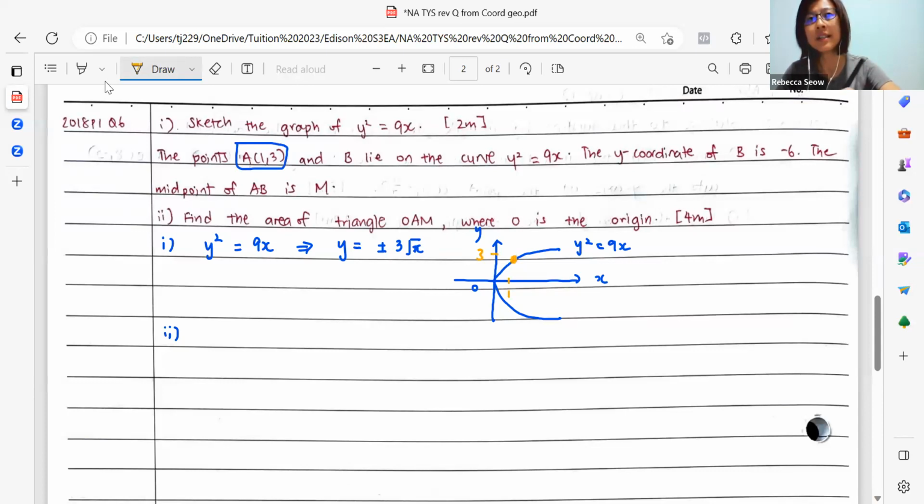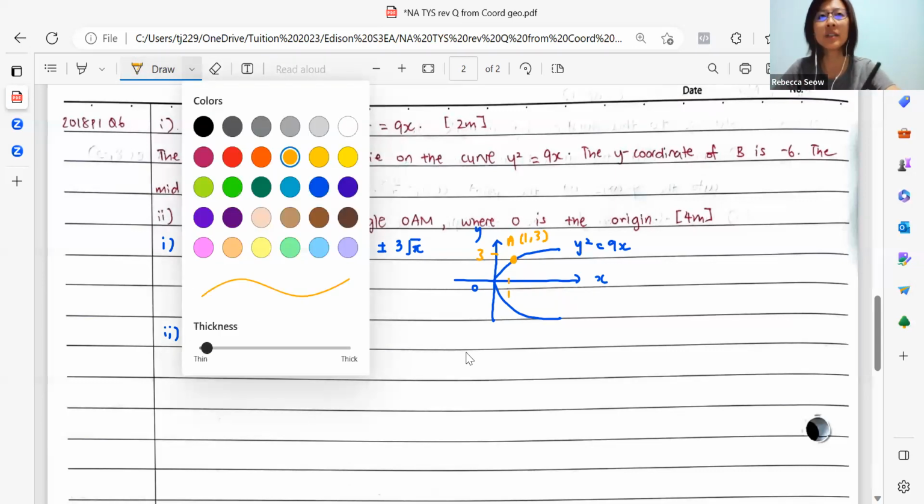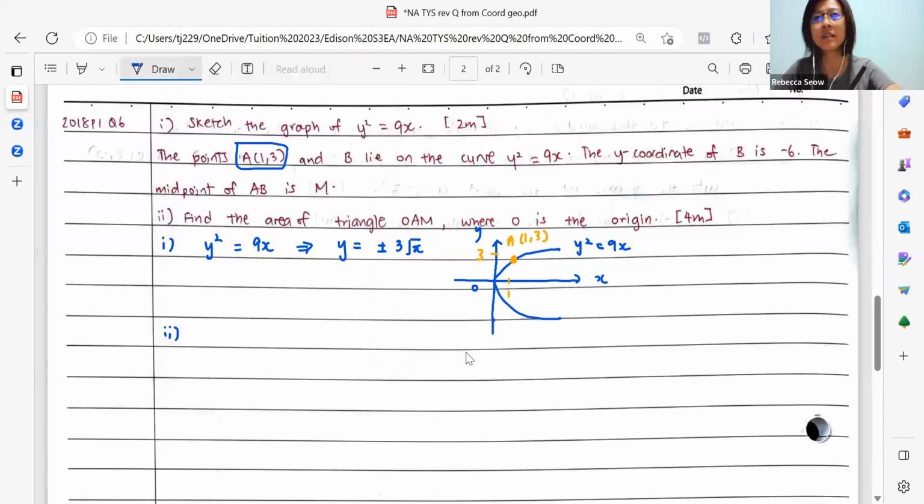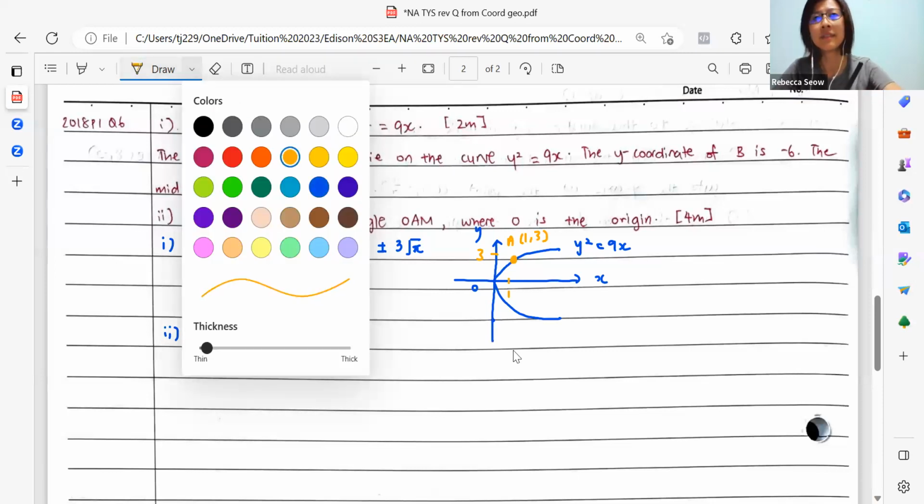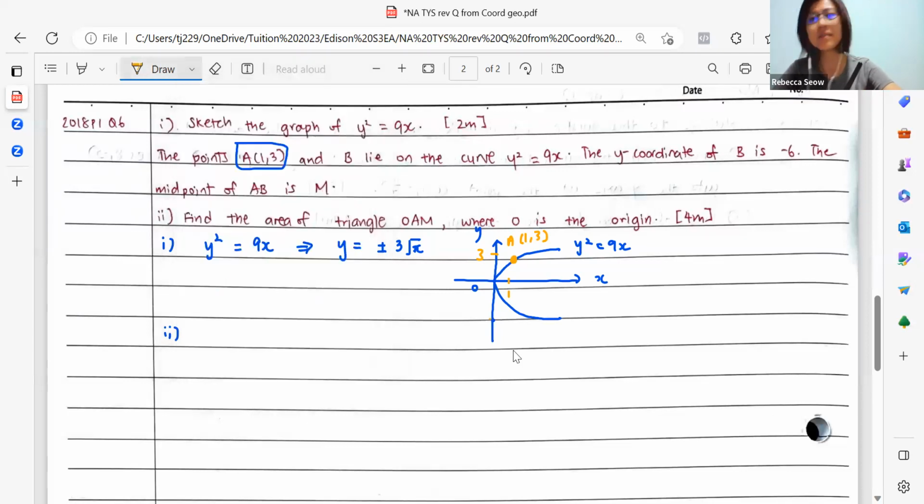Okay, so let's say this is A, (1, 3). And for B, they tell you that the y coordinate is negative 6. Looks like I have to draw the line a little longer. Maybe somewhere here.